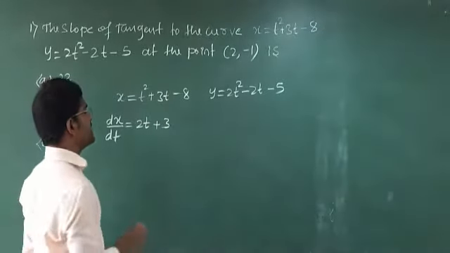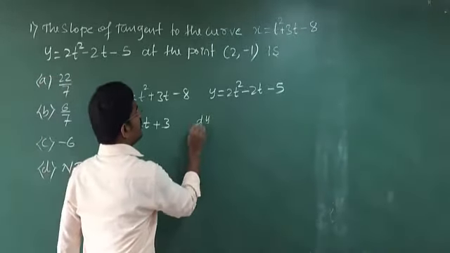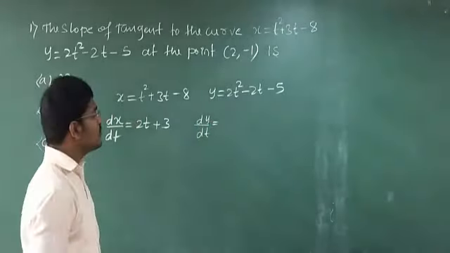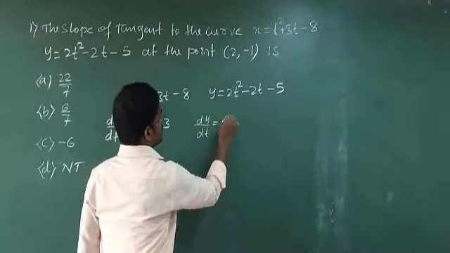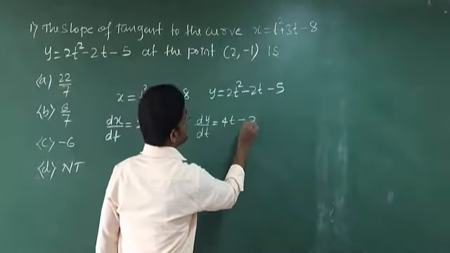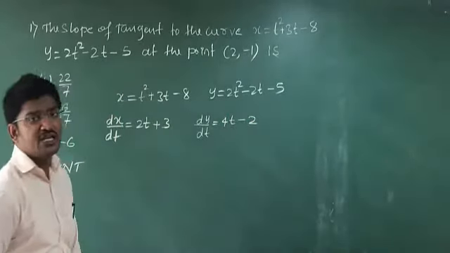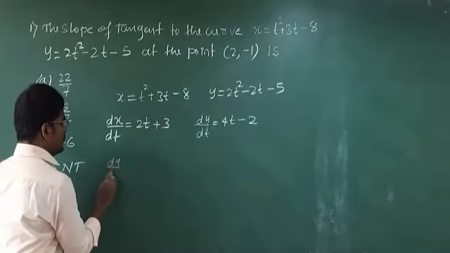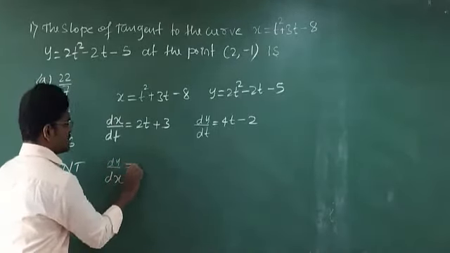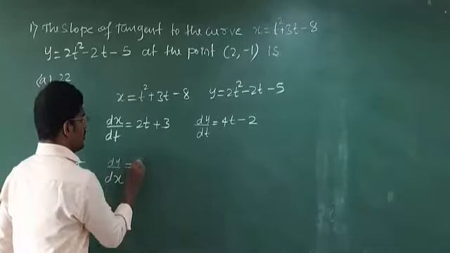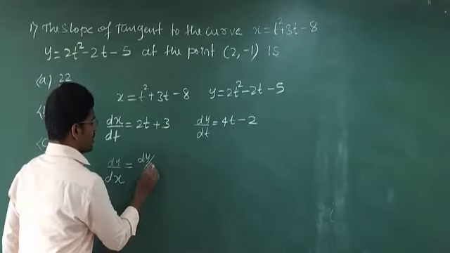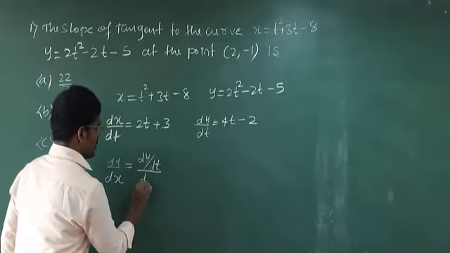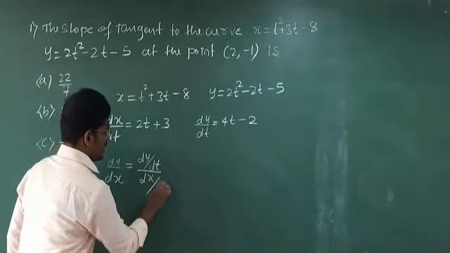Clear? Next, what about dy by dt? This is going to be equal to 4t minus 2. So if you want to calculate dy by dx, this will be equal to dy by dt divided by dx by dt.